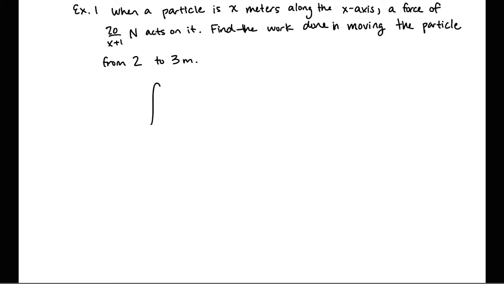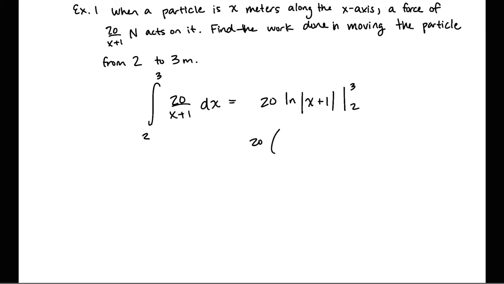I can see my integral popping up here. I've got from 2 to 3, and my force function is 20 over x plus 1, and we're integrating with respect to x. When I integrate this, I get 20 times ln of x plus 1, evaluated from 2 to 3, which is 20 times ln of 4 minus ln of 3.